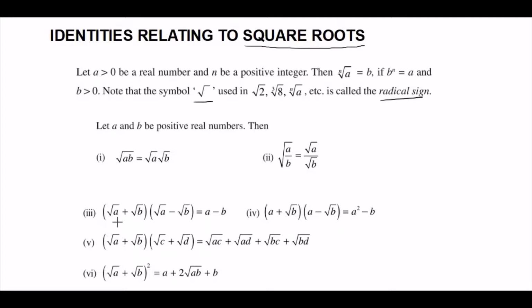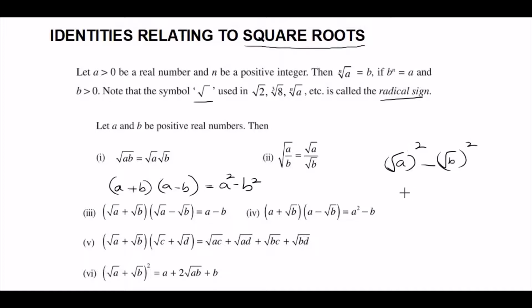The third identity is root a plus root b into root a minus root b is equal to a minus b. You have learned the algebraic identity a plus b into a minus b is equal to a square minus b square. Now let's put root a instead of a and root b instead of b. Then it will be root a square minus root b square.